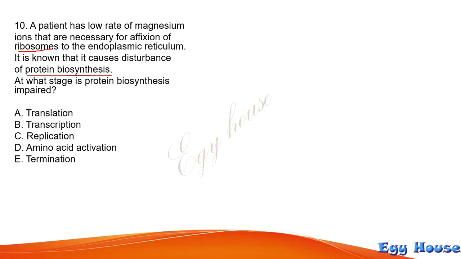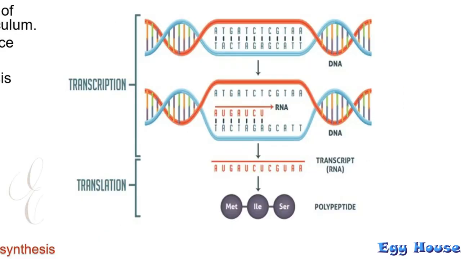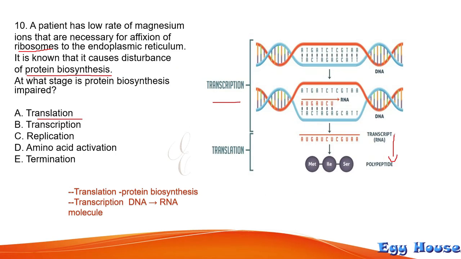As you remember from biology, there are two main stages from DNA to protein synthesis, which is transcription, that goes from DNA to RNA. This is transcription. But here we're talking about protein biosynthesis, meaning from RNA to amino acids. So it's translation. As you can see here, translation is protein biosynthesis and transcription is from DNA to RNA.